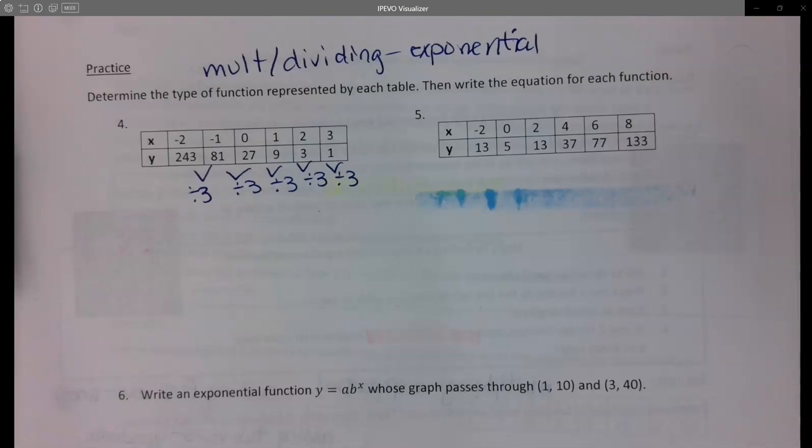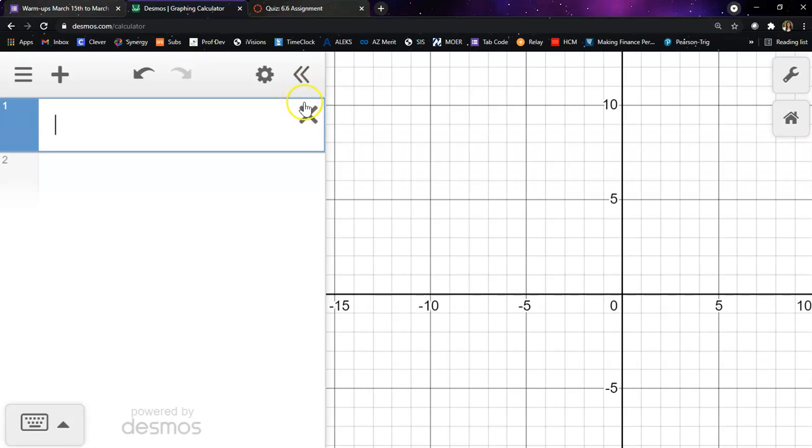Okay, so now I can go ahead and type this into Desmos now that I know which kind I'm looking for.